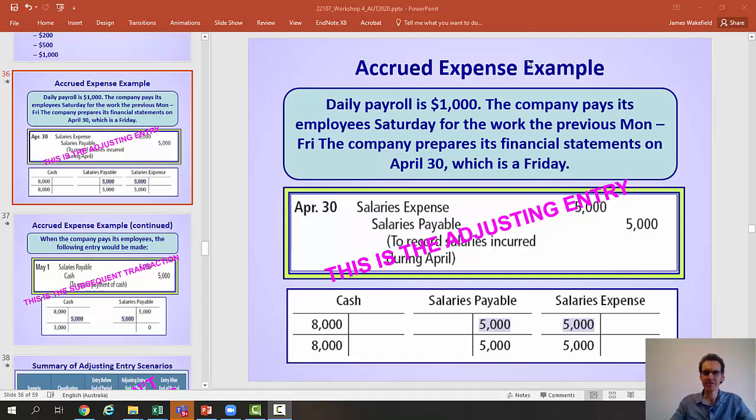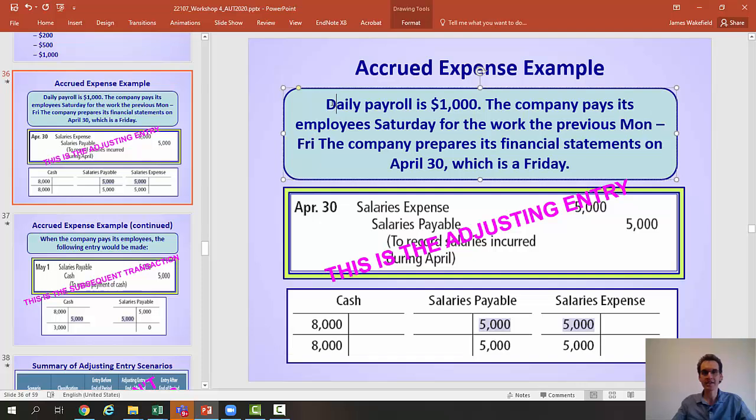What we're interested here is that the financial period cuts off on Friday night, and therefore we have incurred payroll expenses for that Monday to Friday period, but we have yet to pay the employees. So when we put together our financial statements, of course, we need to recognize that there is an amount of payroll expense, so salaries expense, that we have incurred but yet to pay.